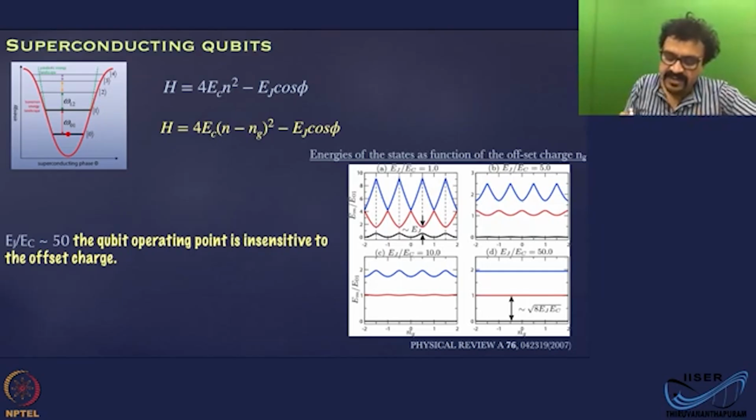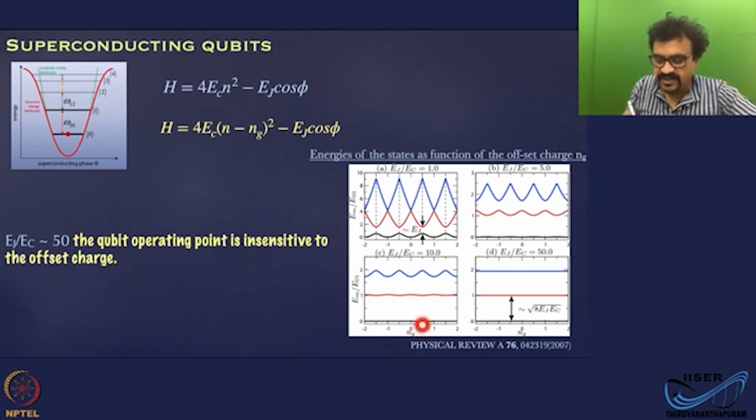Now what we have here is the energy plotted for various values of EJ by EC. What I'm saying is that the spacing between the first two levels, say n equal to 1 and 2, or the second two levels, doesn't matter, depends very strongly on the offset charge because it varies very fast.